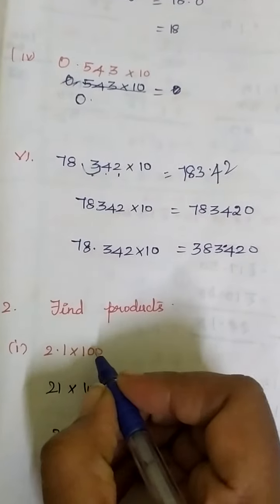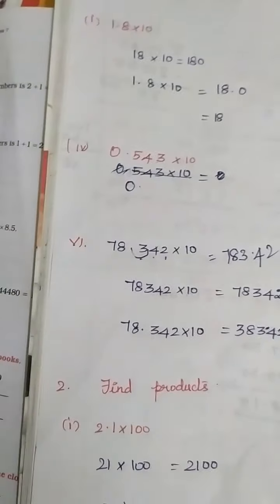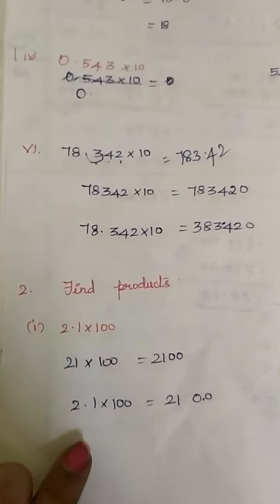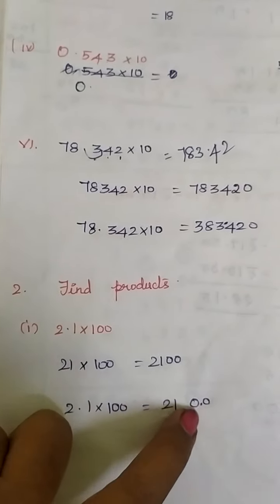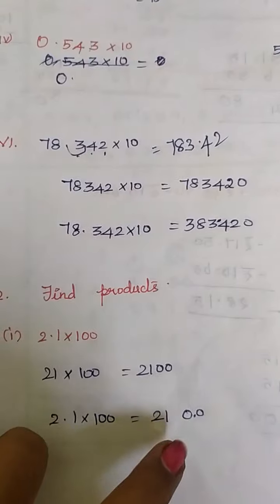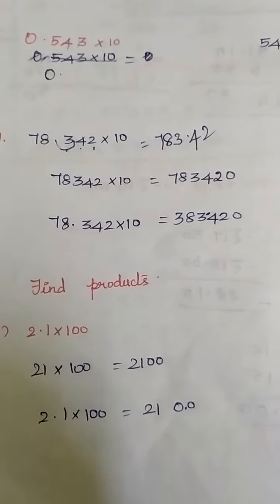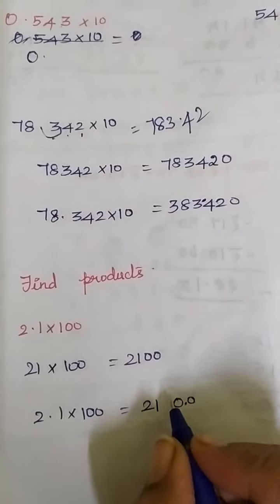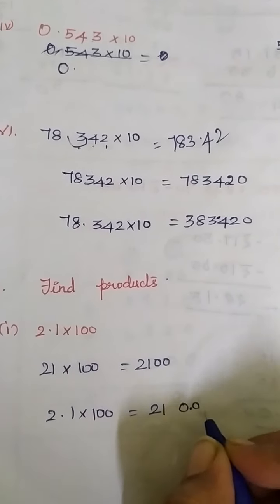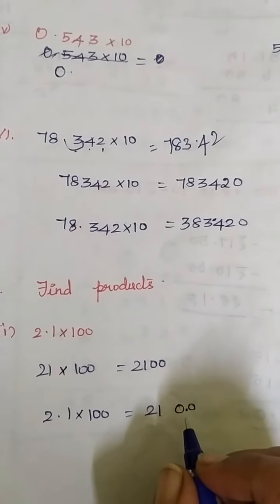So what will you do? You have to move 2 steps to the right hand side, but you have only one number on the right hand side. So you include one more 0 to keep the decimal point. To give the decimal point its place, I have added one more 0.